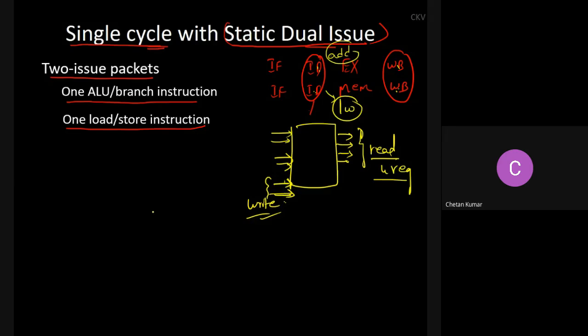So that is what I mean by replicating. It's not that you have a copy of the same unit. It's not that you would have two different register files. You should be very clear about that. So let's assume that there are two issue packets that go into this dual issue processor.